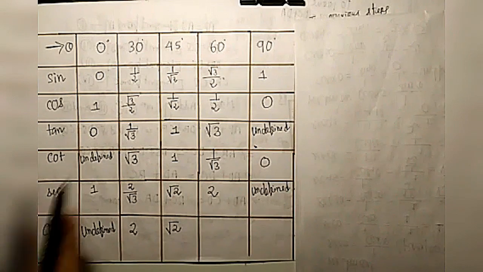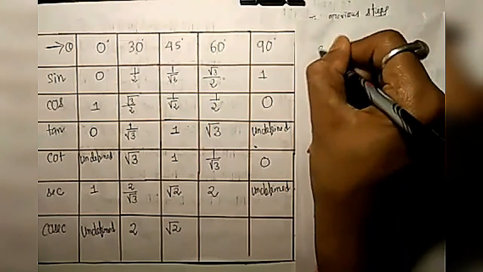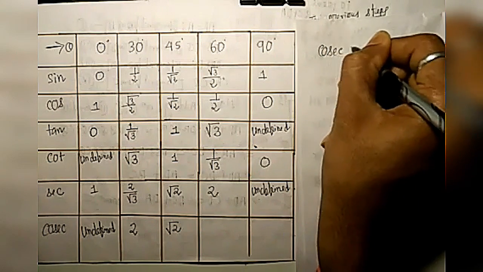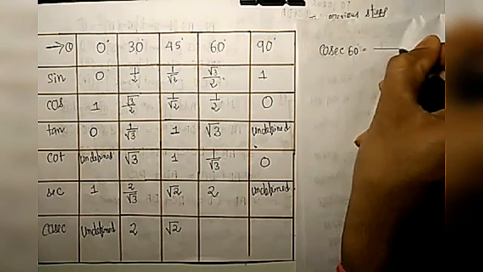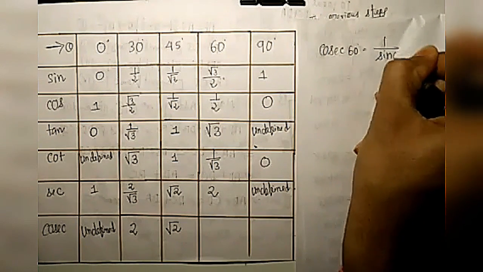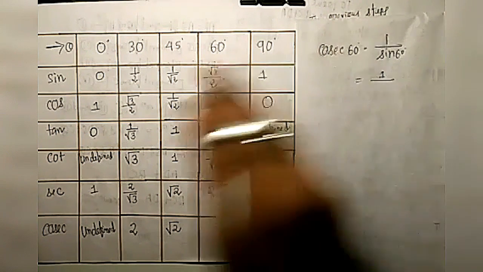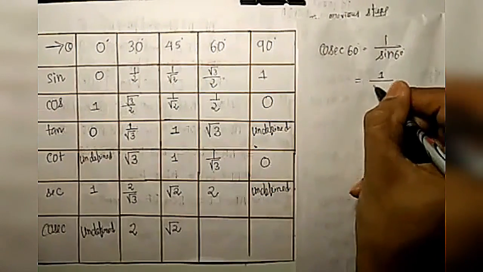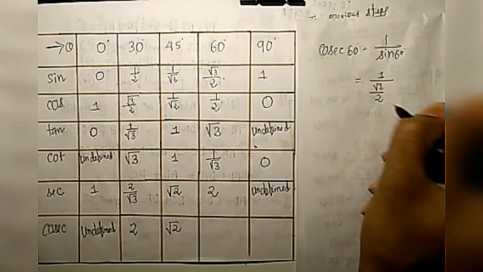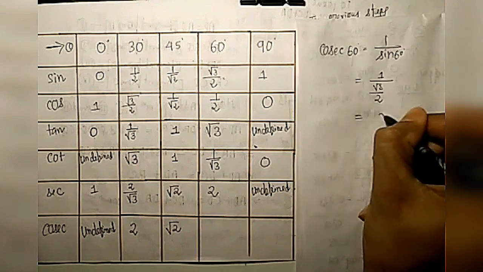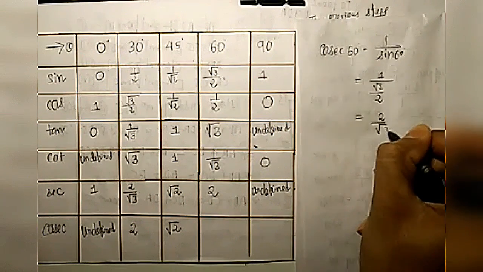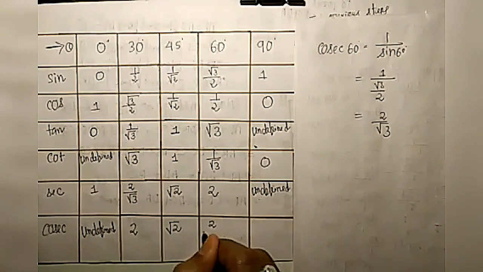So in the previous steps, we got the values of cosec for 0, 30 and 45. Now cosec 60 degree is equal to 1 by sine 60. So what is the value of sine 60 degree? It is root 3 by 2. So 1 by root 3 by 2 is equal to 2 by root 3.